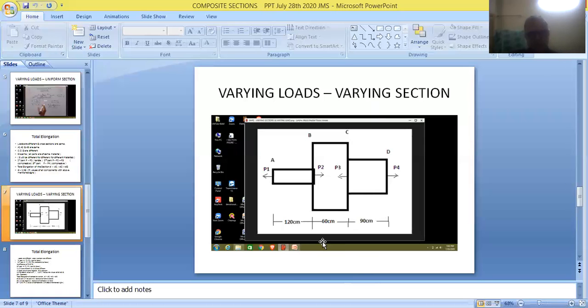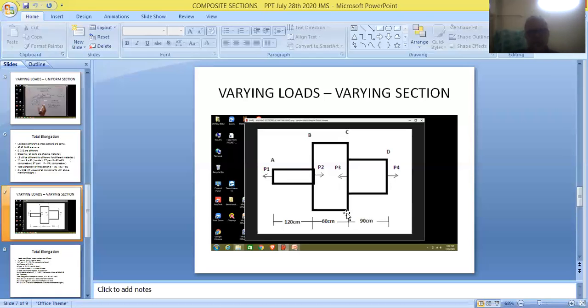Friends, as shown in the previous slide, P1 has to be taken as the load of the first component, the difference of P2 and P3 to be taken as the load of the second component, and P4 has to be taken as the load of the third component.